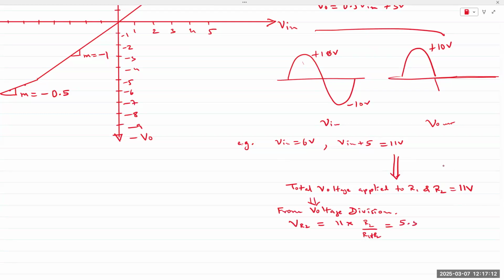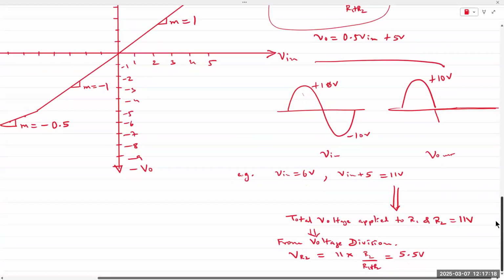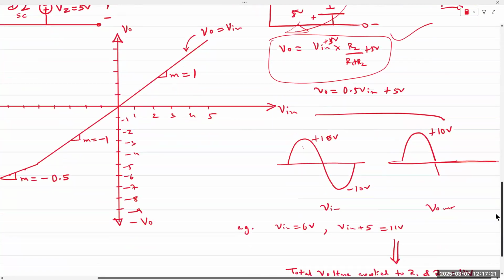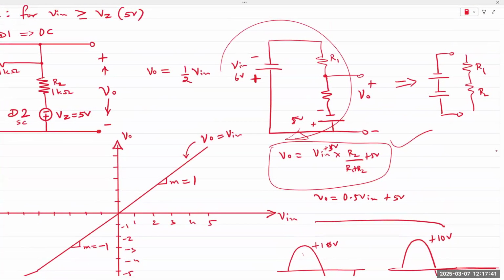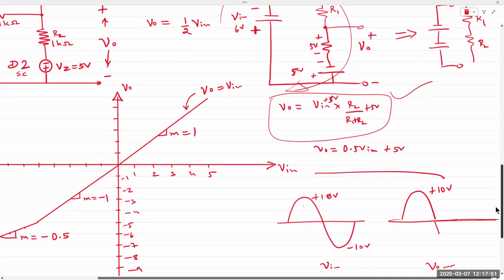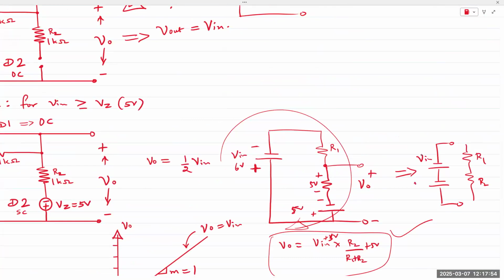Hence, 5.5. V out is... So I'm looking at the total voltage that is being applied to R1 and R2. Okay.